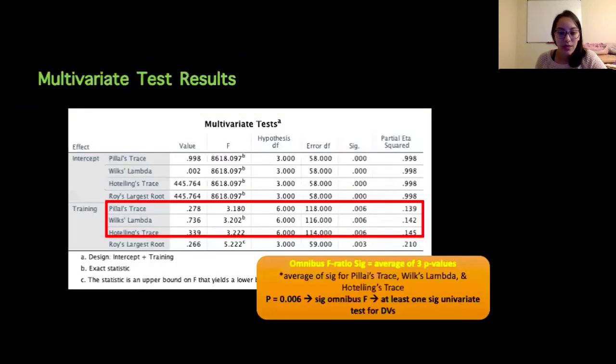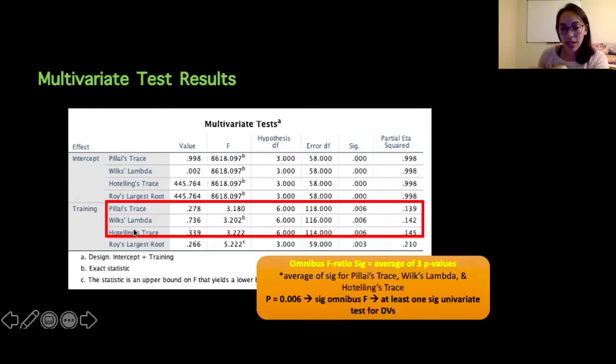So as far as the results go, the first test you look at is the multivariate test because that gives you the omnibus F ratio, okay? In our class, each of these different omnibus F ratios combines the dependent variables in a different way. We don't go into how this happens. Typically, the top 3 are the more commonly used ones.